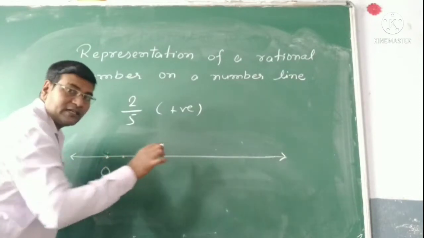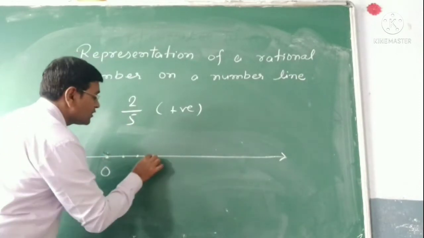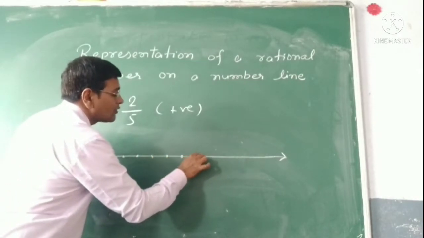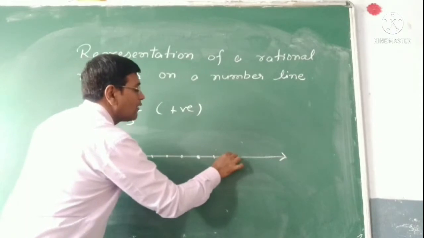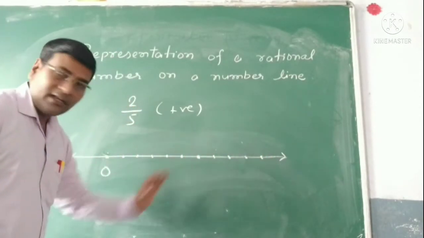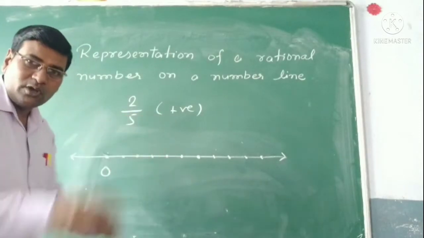But these distances should be same, equal. Take many points. Okay? All these points are equidistant. सारे के सारे बराबर दूरी पे हैं.